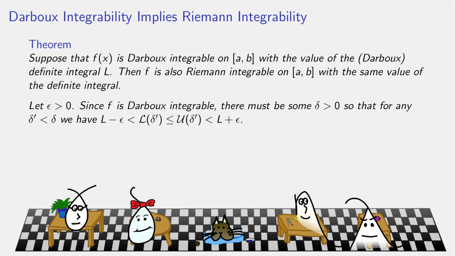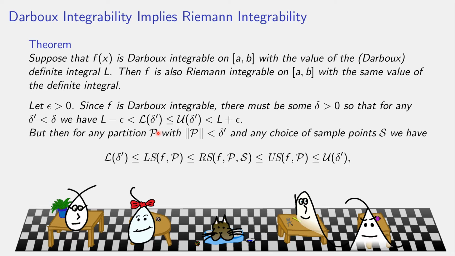So with epsilon fixed, I know that the functions L of delta and U of delta have limit L. So since my two functions, L of delta and U of delta, have limit L, with any epsilon I pick, there must be a corresponding delta, so that as my delta prime shrinks towards 0, L of delta prime and U of delta prime are within epsilon of L. In other words, they are in between L minus epsilon and L plus epsilon, but they do always obey this inequality here as well.